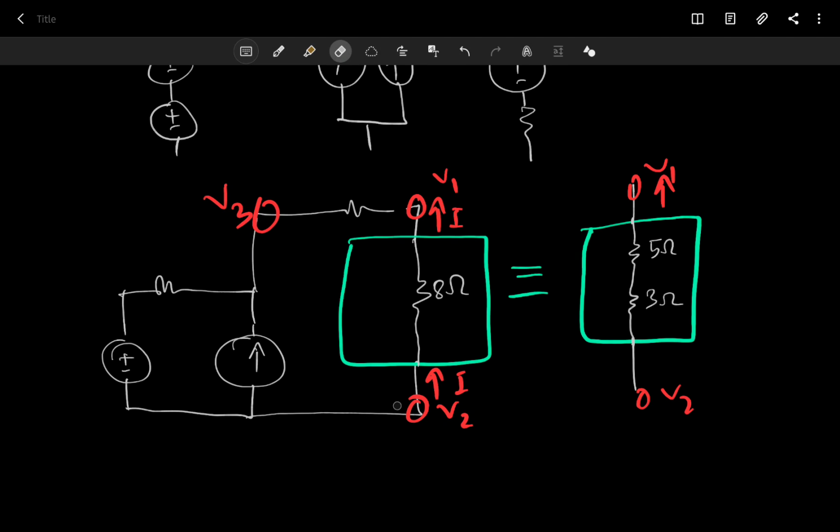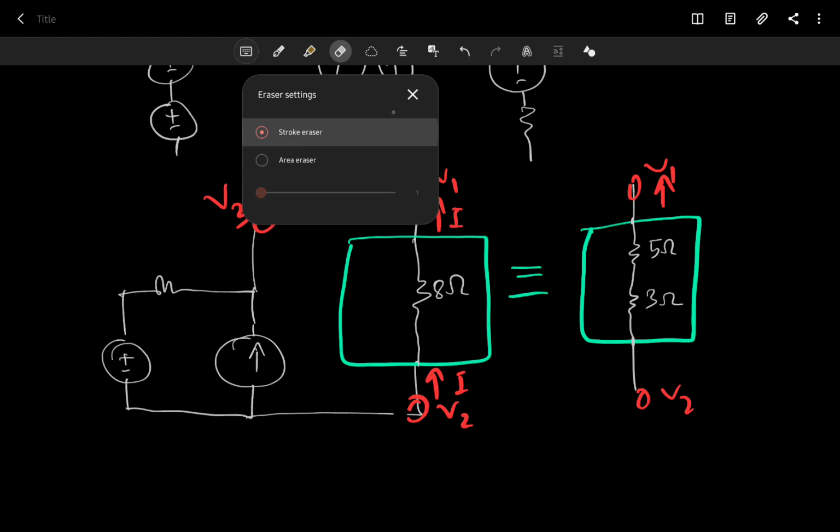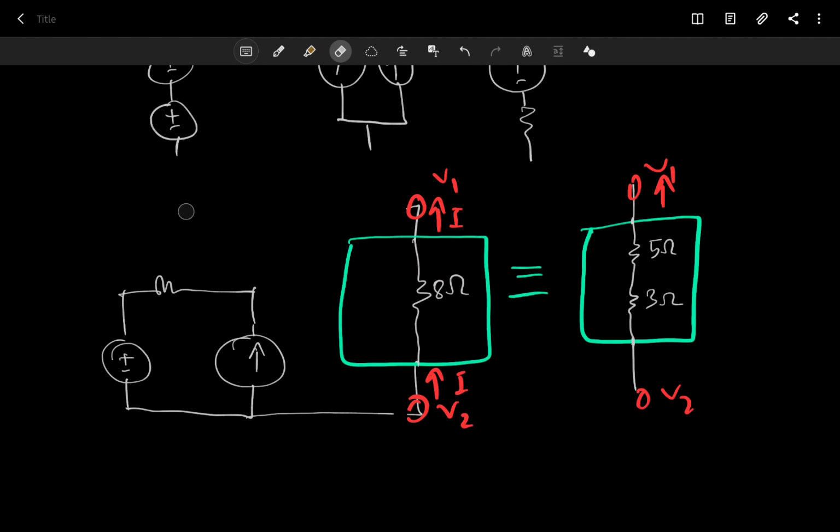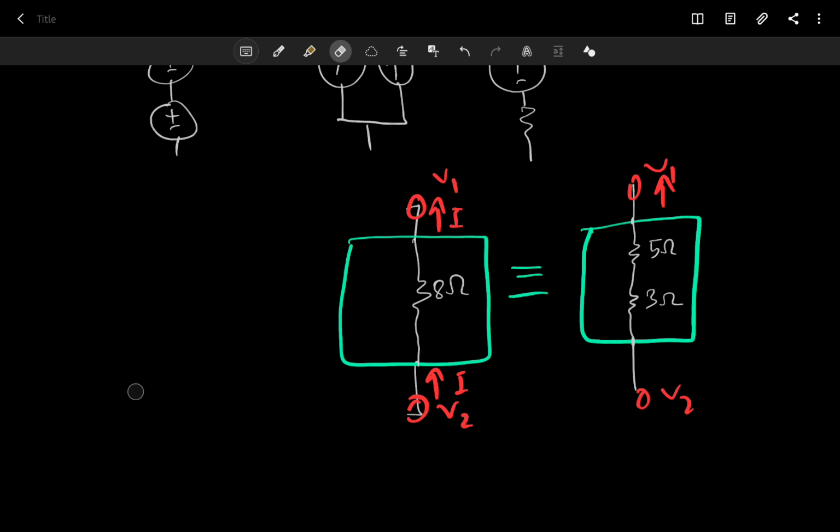If you find that the relationship between the terminal voltages V1, V2 and the terminal current is exactly the same in both circuits, then they are equivalent. And we can actually show that. So let's do that. What's the relation between the terminal voltages V1, V2 and the terminal current I?